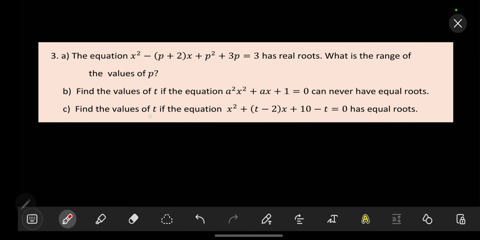So let's look at our B. We have find the values of t if the equation a squared x squared plus ax plus 1 is equal to 0 can never have equal roots.